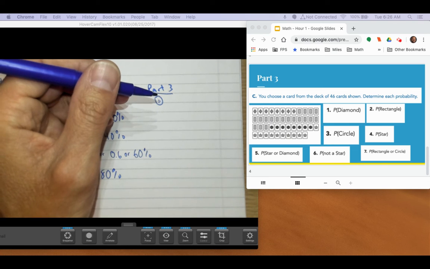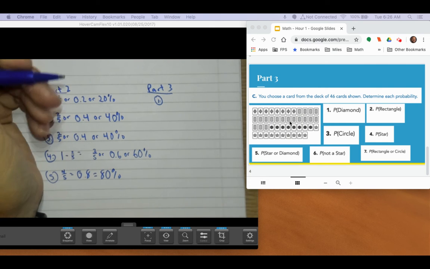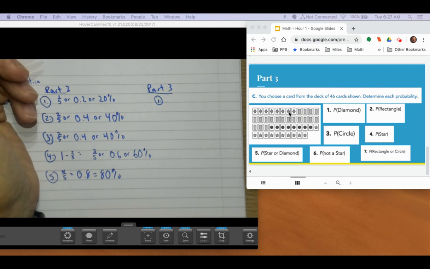All right. You choose a card from the deck of 46 cards shown. Determine each probability. So number 1 is probability of a diamond. So here are the diamonds. 1, 2, 3.